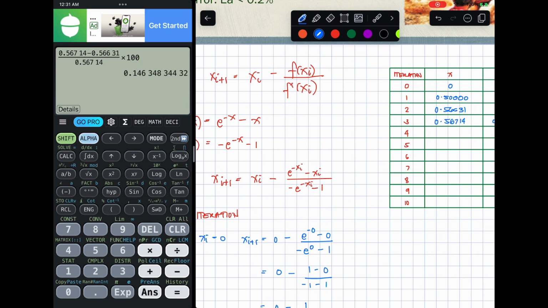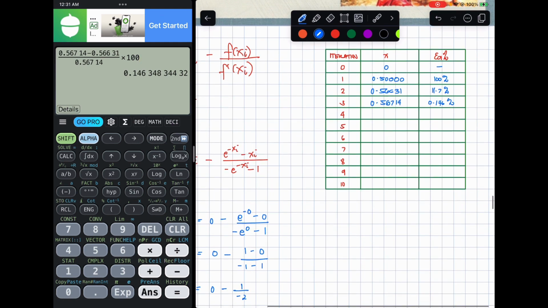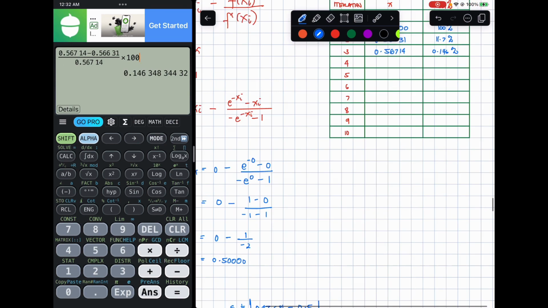For the open methods, although faster, there's a possibility of divergence, meaning it won't go to the roots of the given function. But once it converges, it converges the fastest way possible.